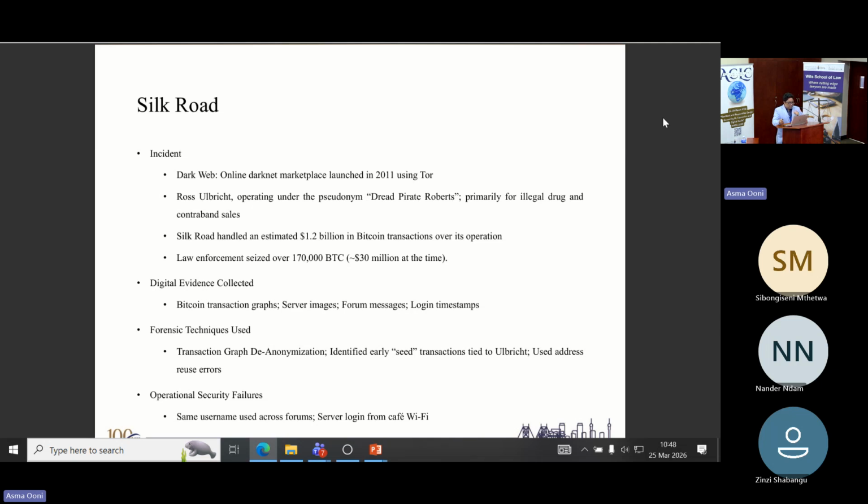Now how he got arrested is a very interesting case. What kind of digital evidence did they collect? They collected the Bitcoin transaction graph from on-chain analysis, the server images to see from where the server was run, and also the forum messages, because in dark webs the deals are done through messages. They also checked the login timestamps and used different kinds of graphs to identify where it came from. He was using the same username, because he believed the Tor network was not going to reveal him.